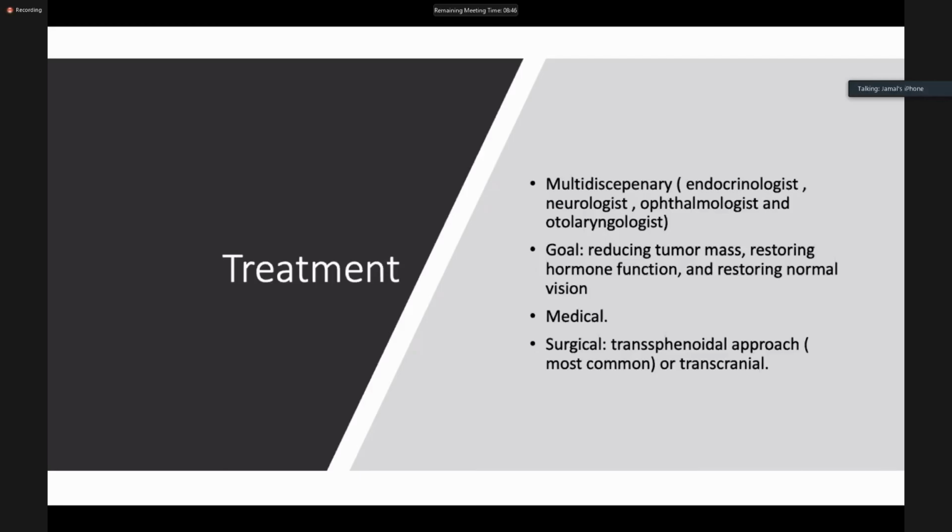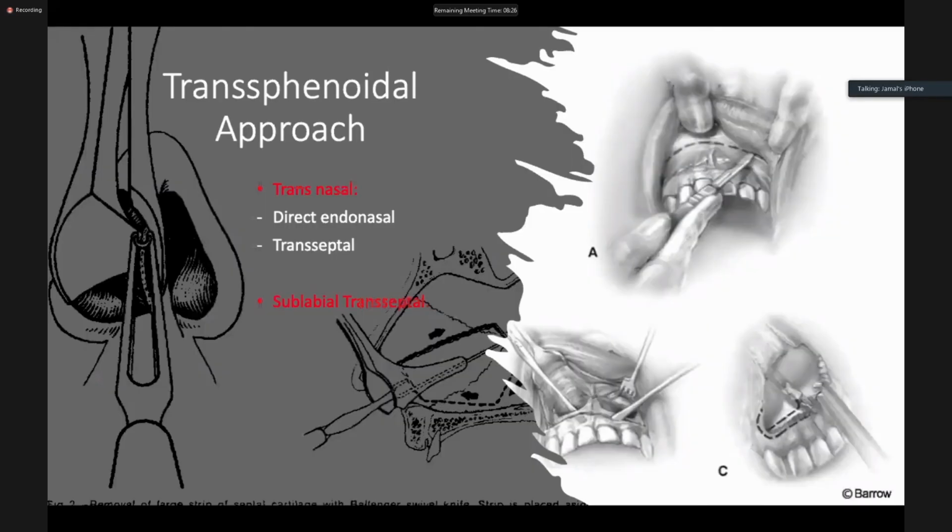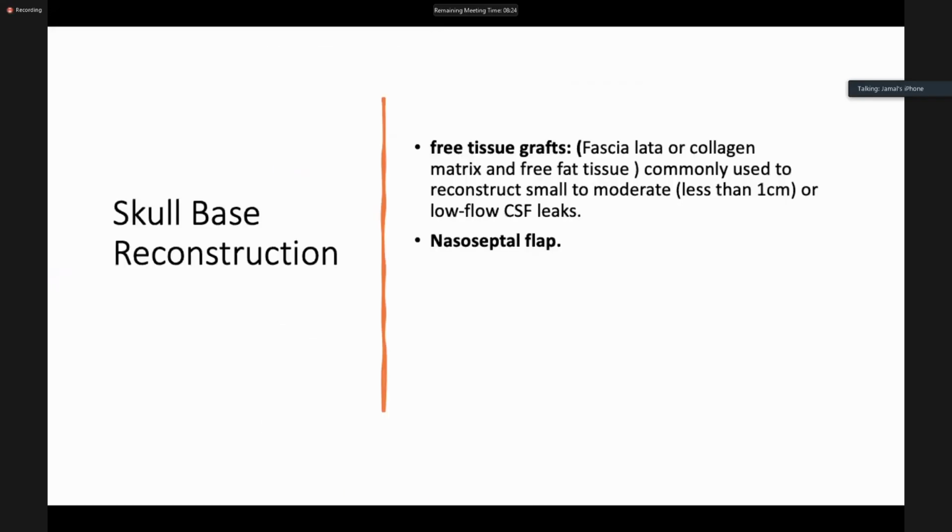Sometimes we use radiation as a primary modality, or as a secondary modality post-operatively. We use the gamma knife, and this is also effective actually. Sometimes radiotherapy is the primary modality of treatment.